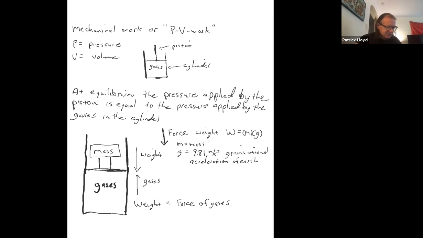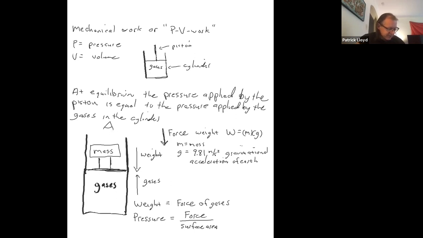Okay, now let's define something called pressure. Pressure is related to force, and it's equal to the applied force, so the amount of force that you have, divided by its surface area. Okay, so looking at this cylinder from this perspective.